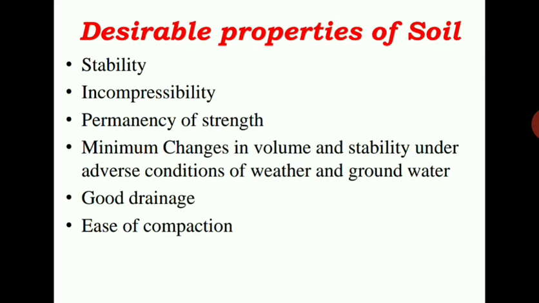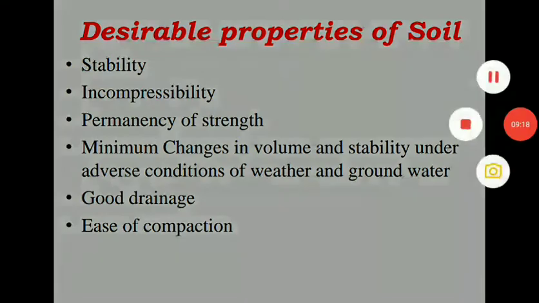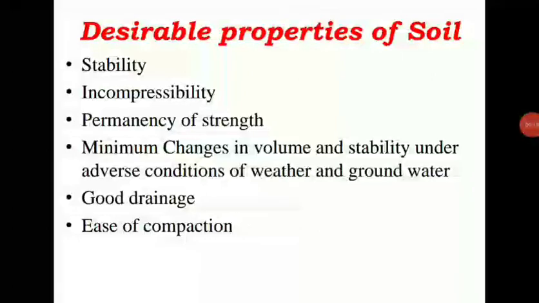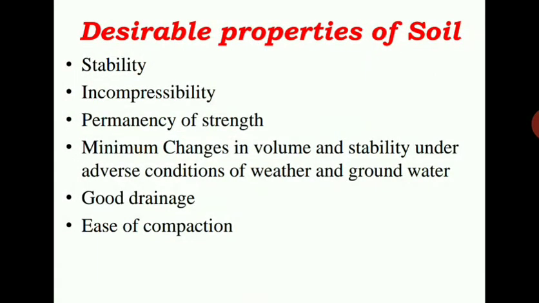And next one is the permanence of the strength. The word permanence refers to the retention of properties such as strength and color over an extended period. After certain periods, whatever the strength, color and properties of the subgrade are, it should be similar to what was constructed in the previous time.